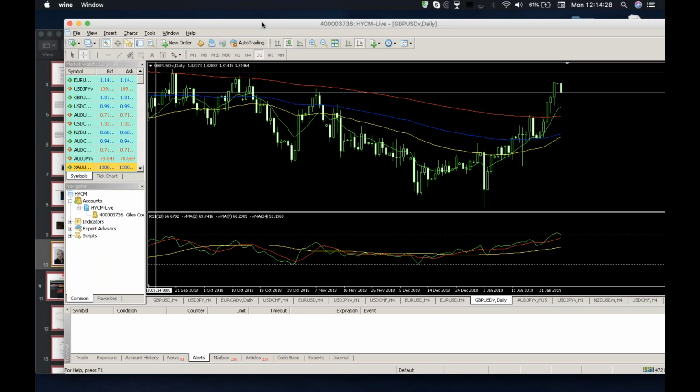Now, this is to do with a border between Northern and Southern Ireland. Because if Britain leaves the European Union, Southern Ireland remains in the European Union. So there would have to be a physical border between Northern Ireland and Southern Ireland, because Northern Ireland is part of the United Kingdom.